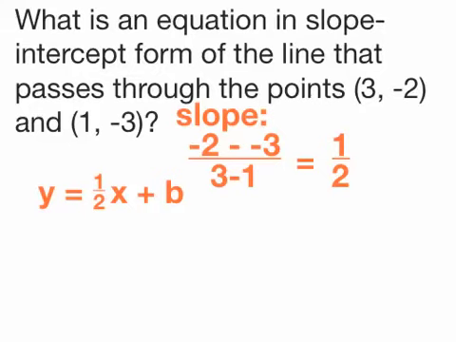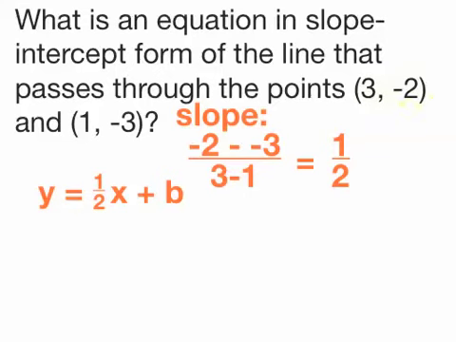But if you look at my x values in the ordered pairs, I have (3, -2), so my x value would be 3, an odd number. And then in the other ordered pair, I have (1, -3). In this case, I have 1, which is another odd number. Again, there's not really a better one to choose. You can choose whichever one you want.